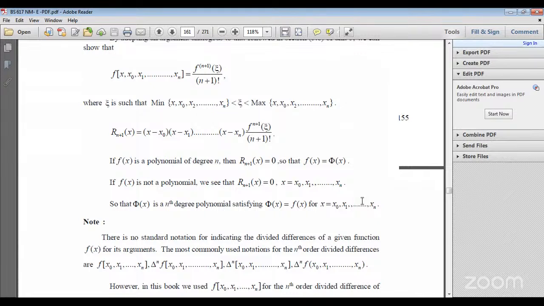If f of x is not a polynomial here, then R n plus 1 of x is not zero, that is, x is not equal to x0, x1, x2, and so on, xn.